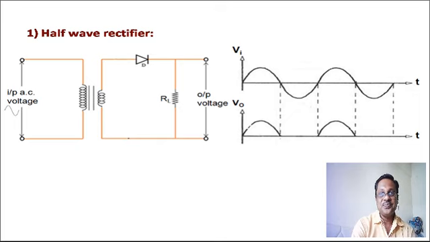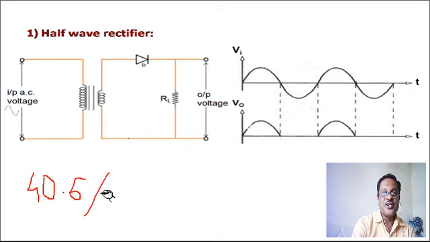Therefore, only 40.6% of the input AC voltage is converted into DC.